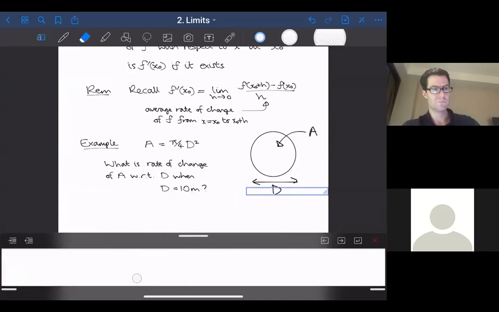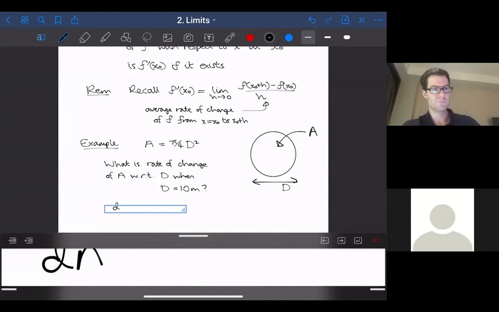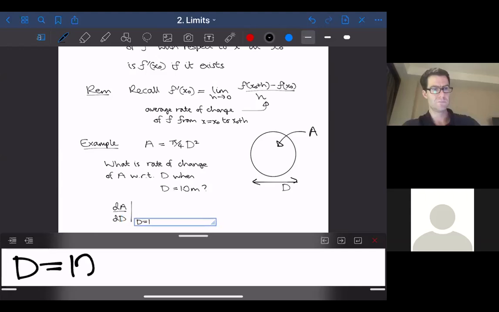I'm going to tidy this up, it doesn't really look like a D. So this is D. So the answer is the derivative at x0. In the language of this question, it's dA by dD at D equals 10 meters.